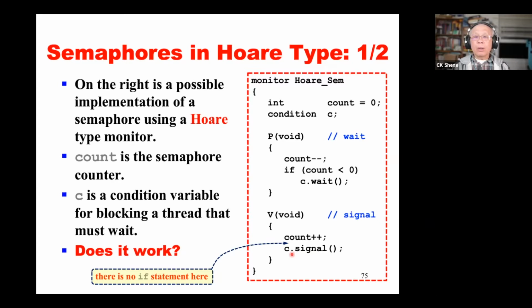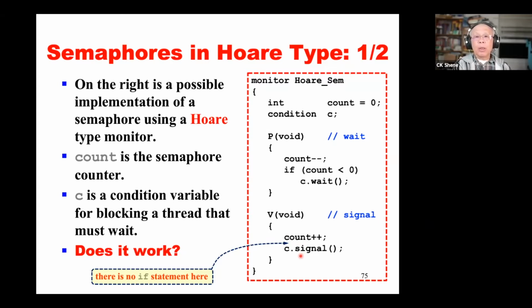In the semaphore definition here, we have an if statement. If count is less than or equal to 0, then we signal. Otherwise, we go away. So please study this version, which implements a semaphore by the use of a Hoare monitor.